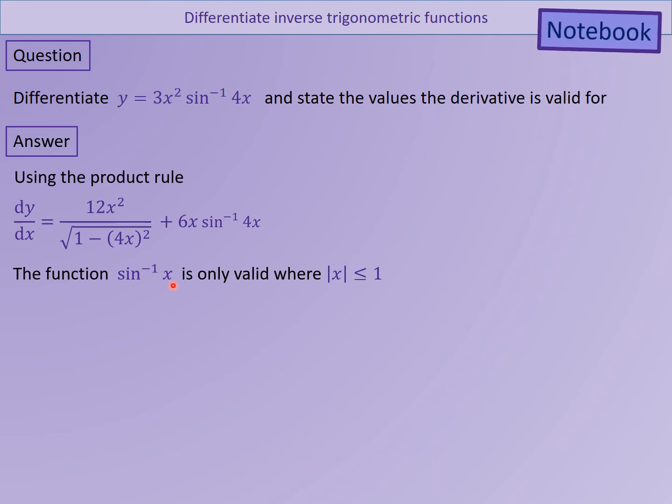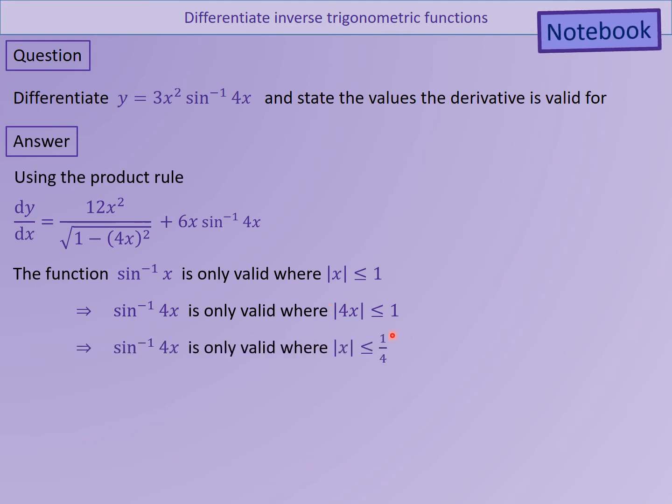That means that the x value is replaced with 4x, and so this is valid when 4x is between minus 1 and 1. What does that mean? That means that the x value is between a quarter and minus a quarter. So I've worked out that this derivative is definitely only valid between a quarter and minus a quarter, inclusive.